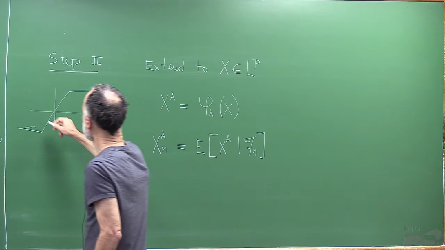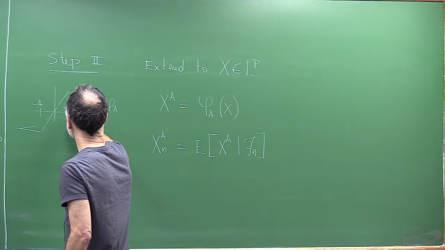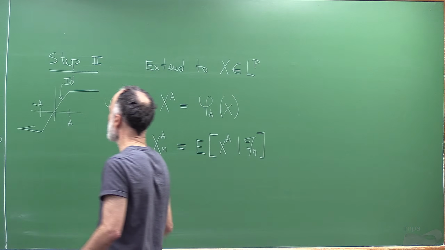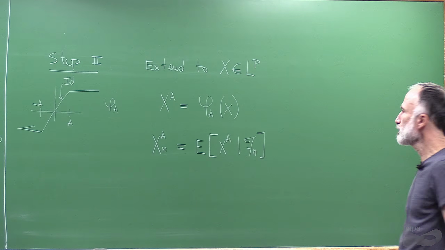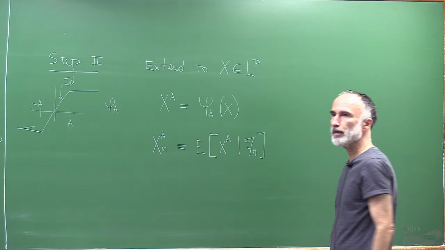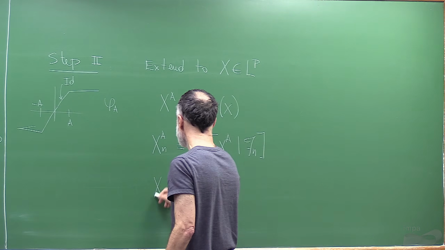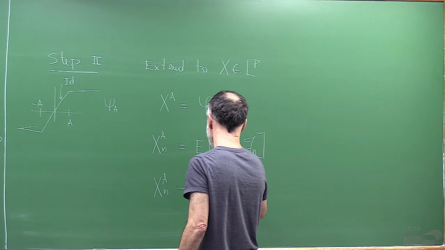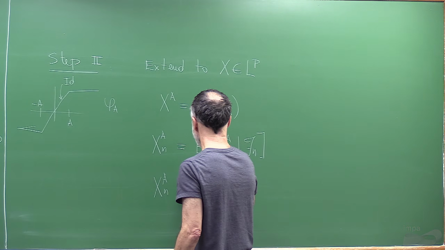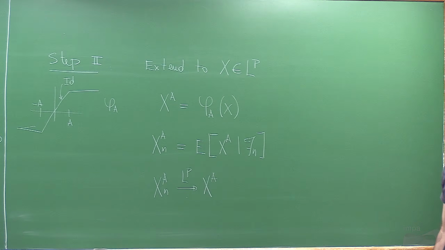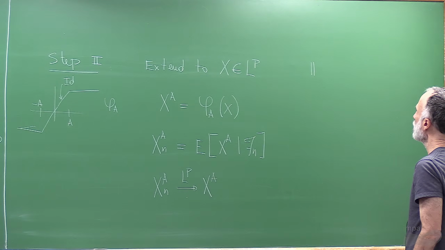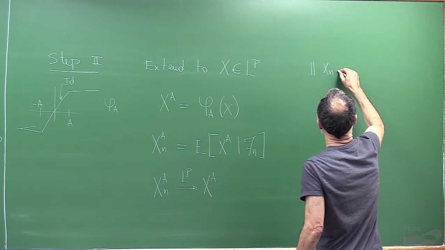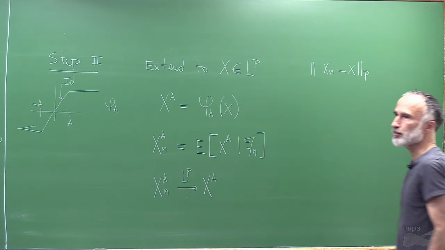Here is the identity, and outside it's constant. So I define xa in this way. xa is a bounded random variable. I define the martingale associated to xa, xan, which is the conditional expectation of xa given Fn, and what I know is that xan converges to xa in LP by part 1. And what I want is to estimate the LP norm of xn minus x.